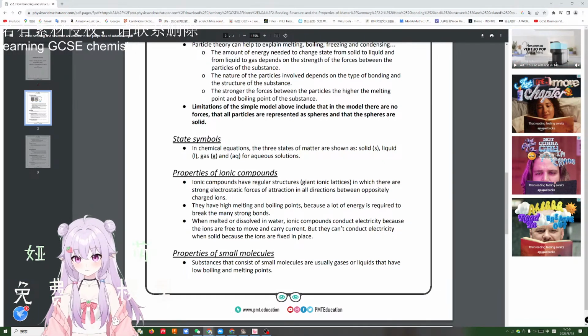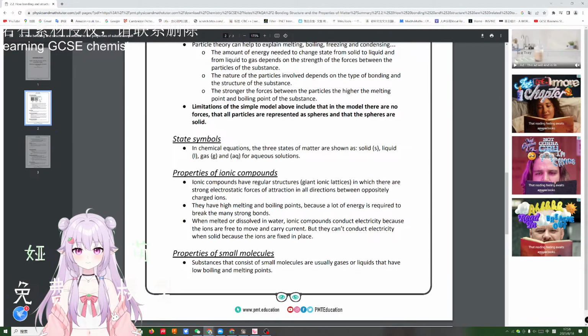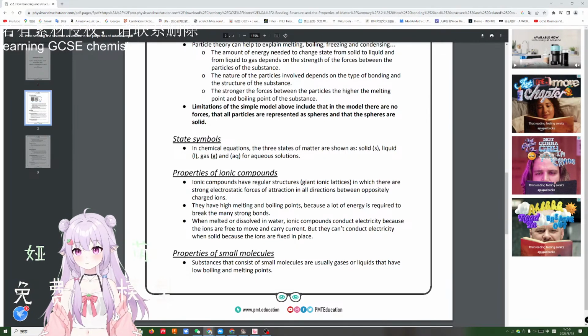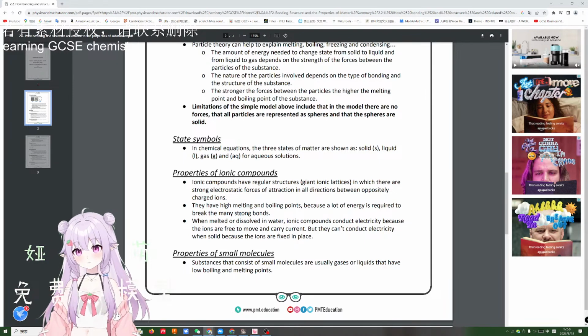So we have regular structures, and also high melting and boiling points.